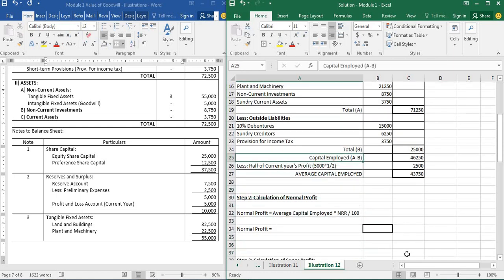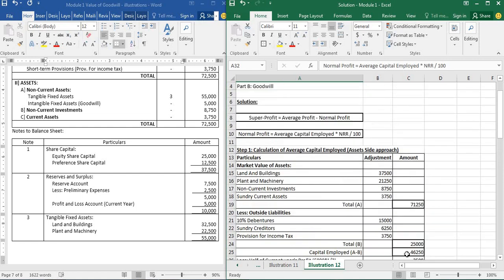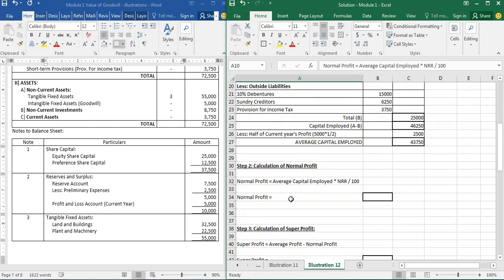Now that we have found out average capital employed, we will substitute this value in the formula of normal profit. We are supposed to find out normal profit, right? See here. In order to find out normal profit, we needed average capital employed. That is why we have found out average capital employed. Now we will substitute the values. 43,750 into normal rate of return is how much, guys? 10% divided by 100.